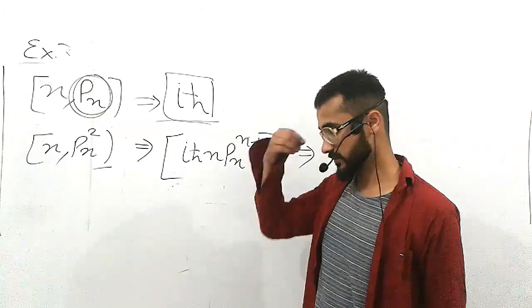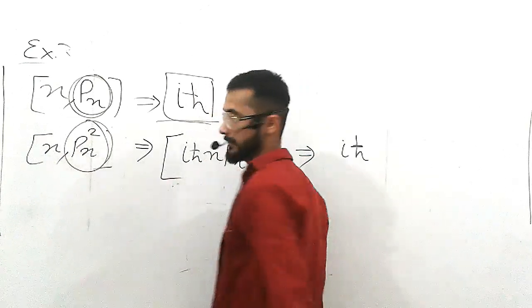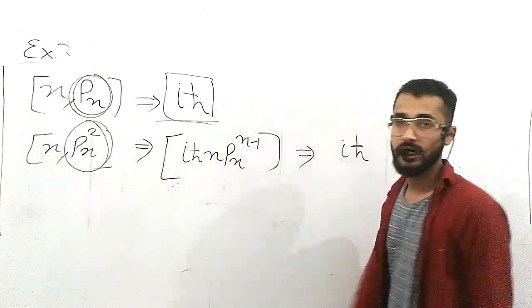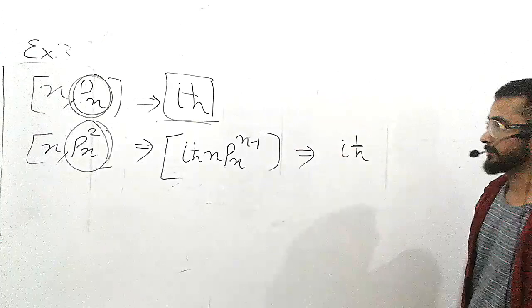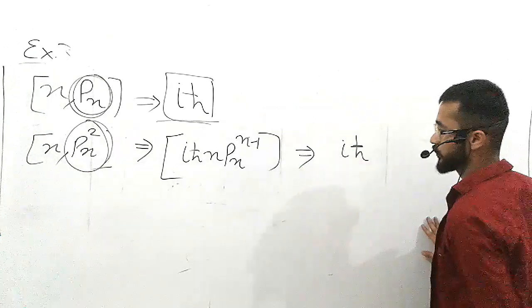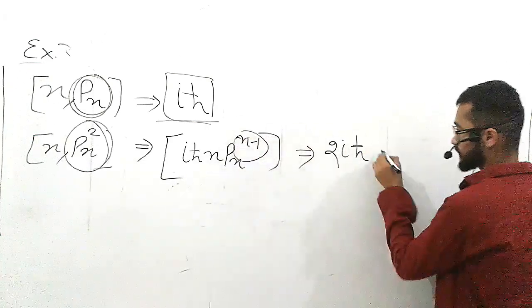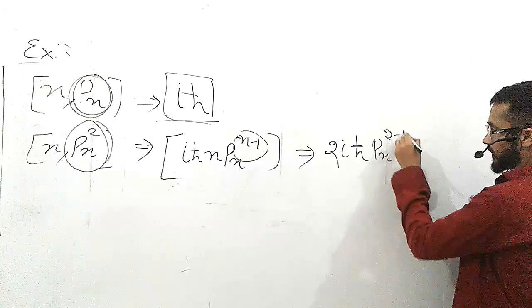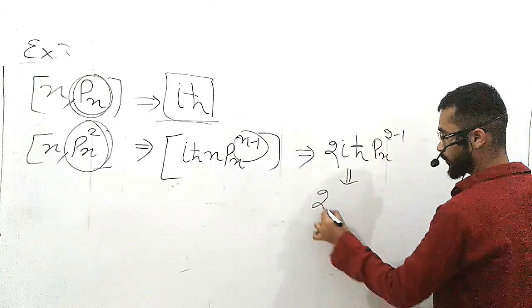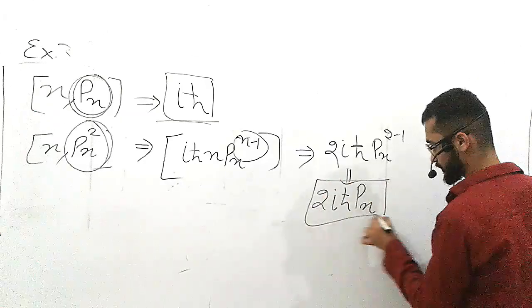Now the simple basic differentiation formula will be applied on the simple momentum operator: iota h cross n px power n minus 1. So iota h cross here, and the power is 2, so 2 iota h cross, and 2 minus 1, so it will be 2 iota h cross px.